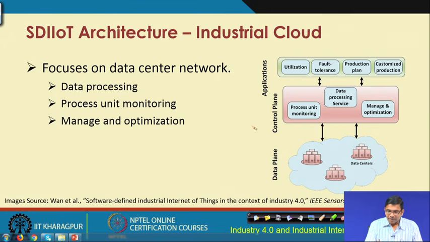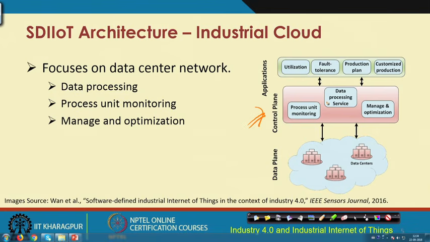So, here we have to take care of issues such as process unit monitoring, data processing service, and again management and optimization stays the same like the ones before. So, process unit monitoring and processing, these are the ones that are there in addition to management and optimization in the control plane. These are the building blocks of the control plane in the industrial cloud, the software defined industrial cloud in IIoT settings.